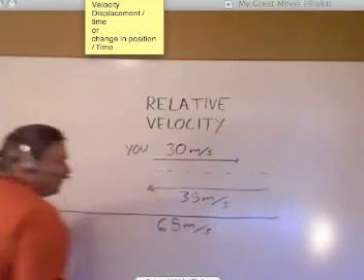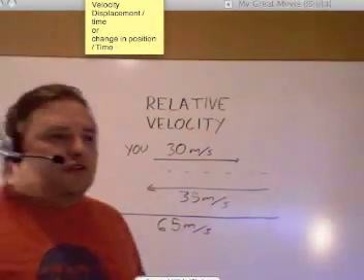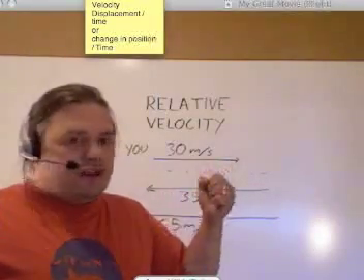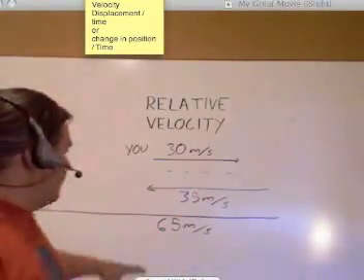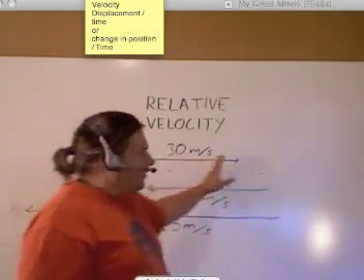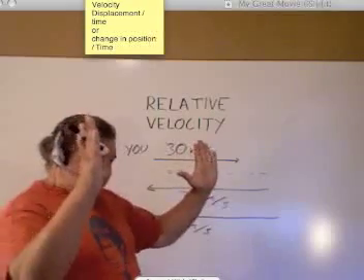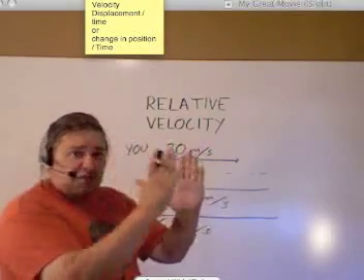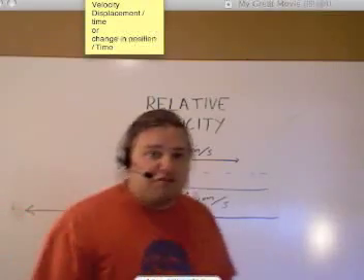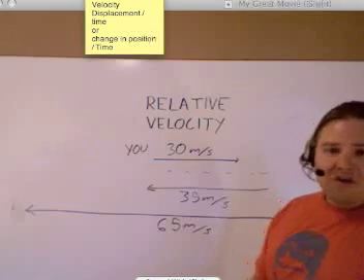It appears that it's moving relatively fast, which makes sense. If you were just to watch that car come at you and you think you were stationary, it would appear to be going really quick, because you're covering a distance and this car's covering a distance, and they're collapsing that distance every second at a rate of 65 meters per second. So it's a general understanding of relative velocity.